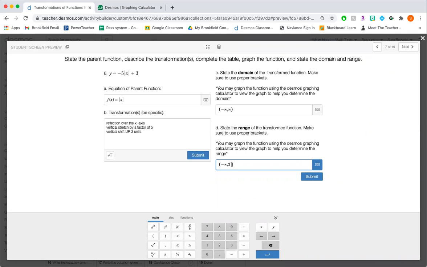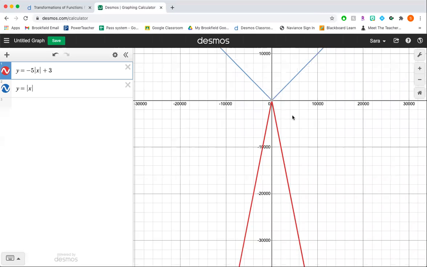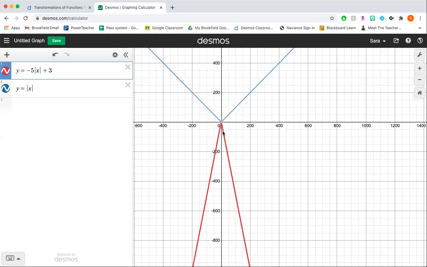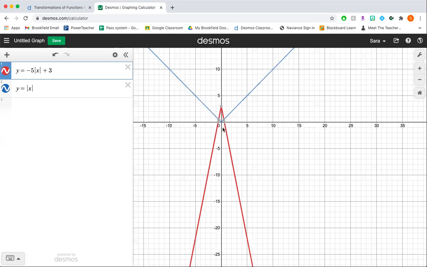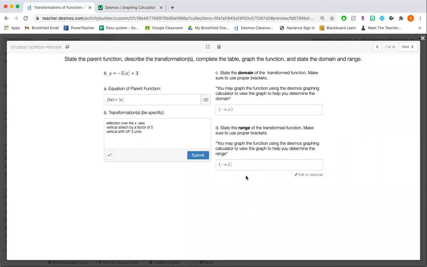I'm sorry, to 3. It doesn't go past 3. Look, 3 is still my highest y value. It's hard to tell from really far out, but 3 is my highest y value. There's nothing above that. So negative infinity to 3. Negative infinity is a very small number, so it comes first. We write smallest to largest.